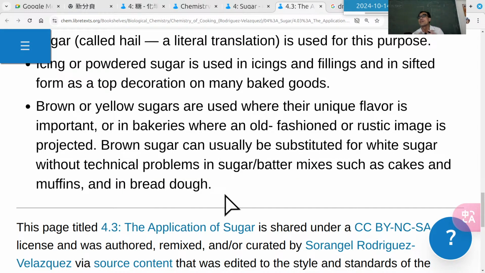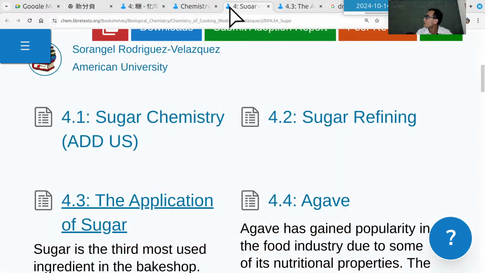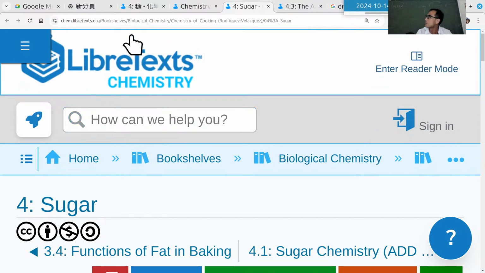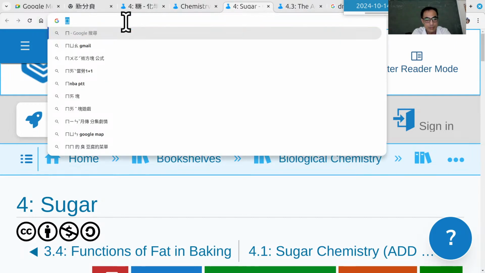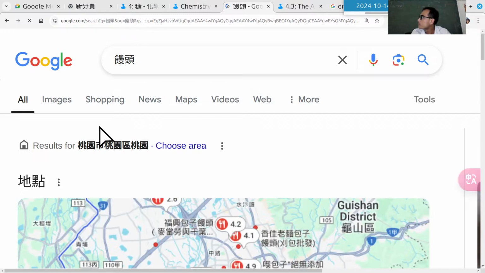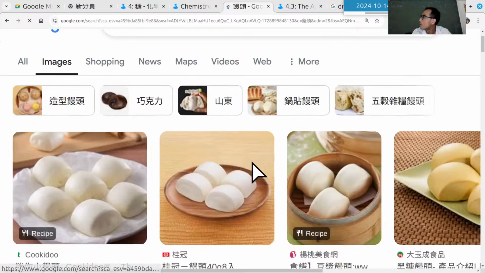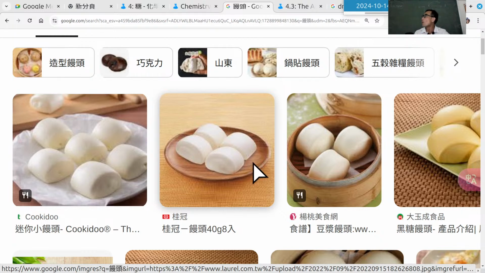And personally, in Taiwan, there is a food called steamed bun, for example, like this. Maybe steam bun is not correct English. The dough, the mixture of the dough, is steamed.